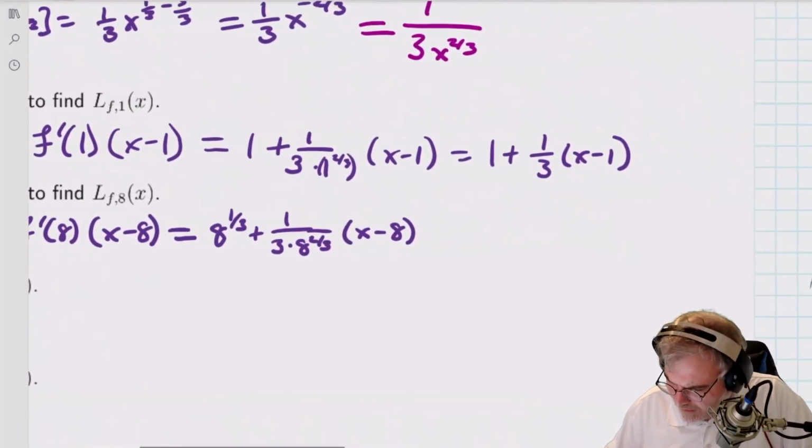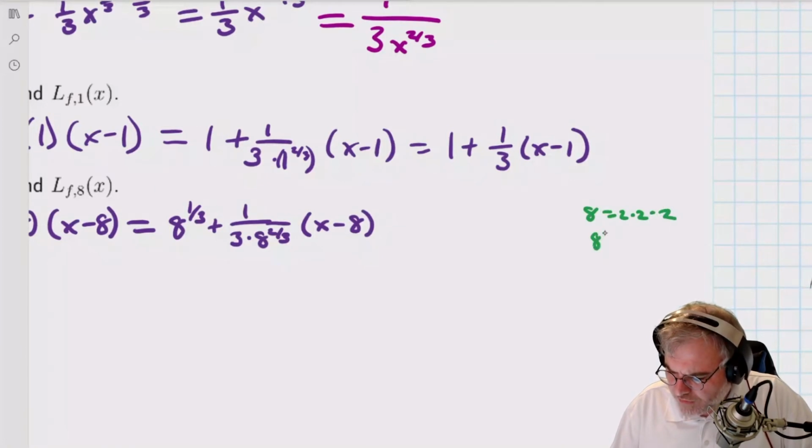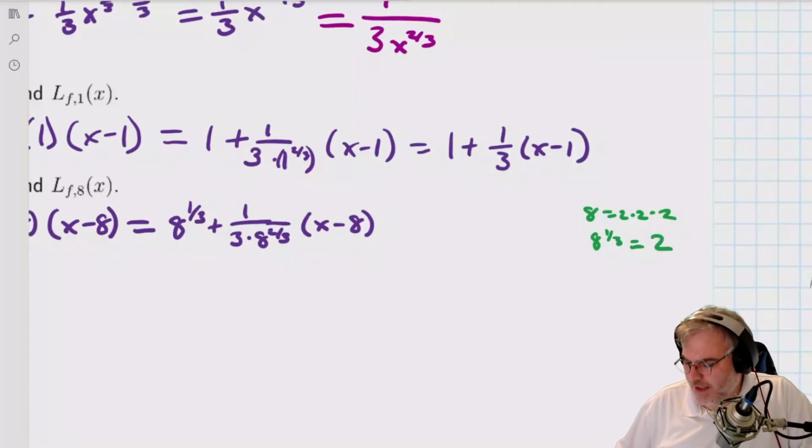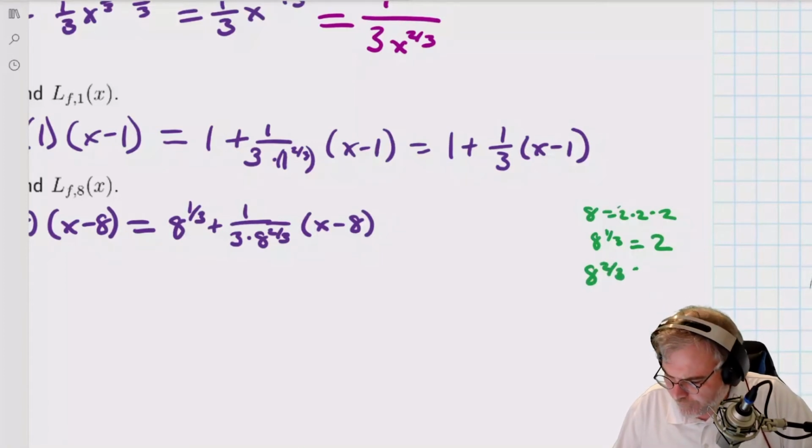The reason why I wanted to leave this in notational form, remember what 8 is. 8 equals 2 times 2 times 2. So 8 to the 1/3 equals 1/3 of the 2's. Okay? And 8 to the 2/3 equals 2/3 of the 2's.